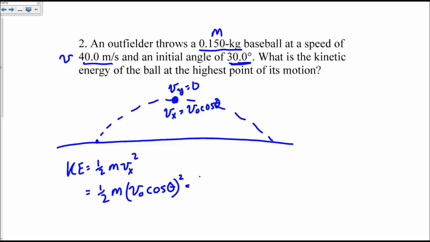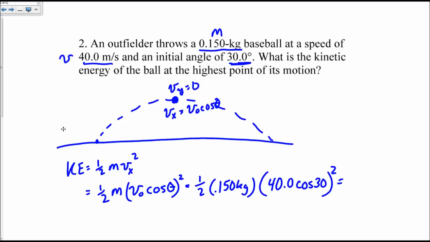So putting in my numbers here, 0.150 kilograms times V naught, which is 40, times cosine of 30, that whole thing squared, and then putting in those values, I get 89.8 joules.